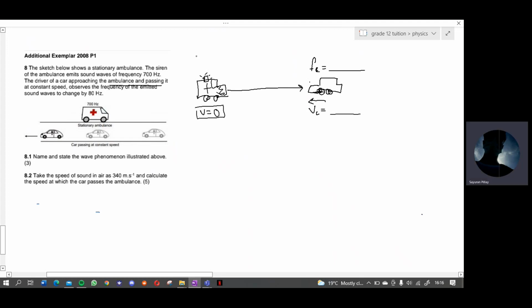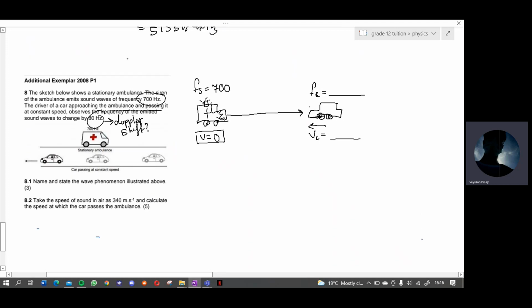Now, the ambulance is emitting a frequency of 700 hertz, so f_S, the frequency of the source, is 700. Now, at constant speed, the frequency of the emitted sound waves changes by 80 hertz. So 80 hertz is the Doppler shift. What is the Doppler shift?